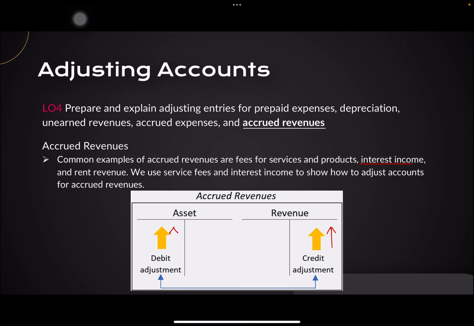So we will increase our asset by debiting the amount. Okay, so let's take an actual sample in the form of accrued service revenue and accrued interest income.